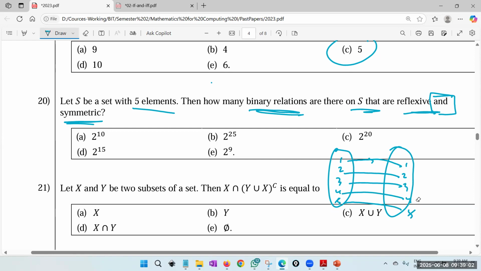But I'm a little bit confused about what this question is asking. What is the meaning of reflexive? Reflexive means it's mapped to itself. We did that, right? 1 is mapped to 1, 2 is mapped to 2, 3 is mapped to 3. That is called reflexive.